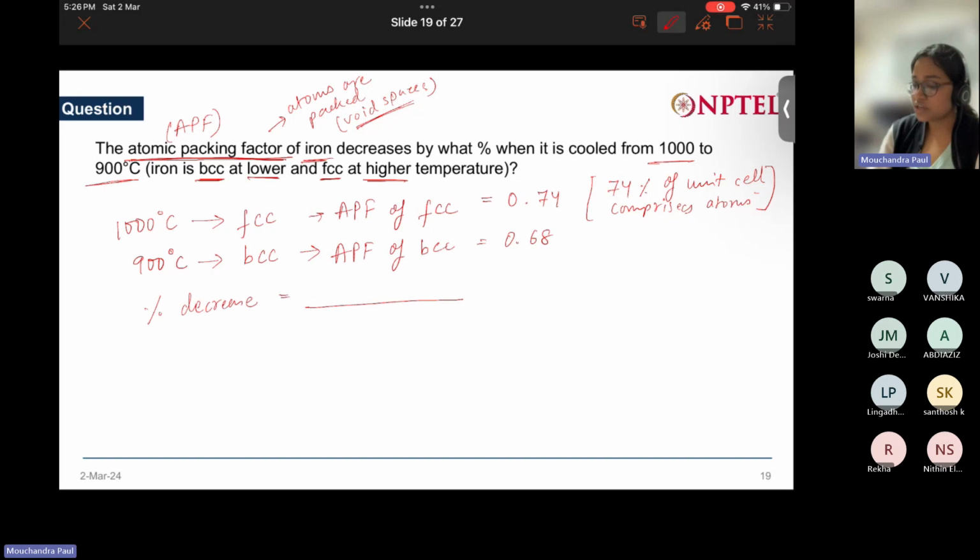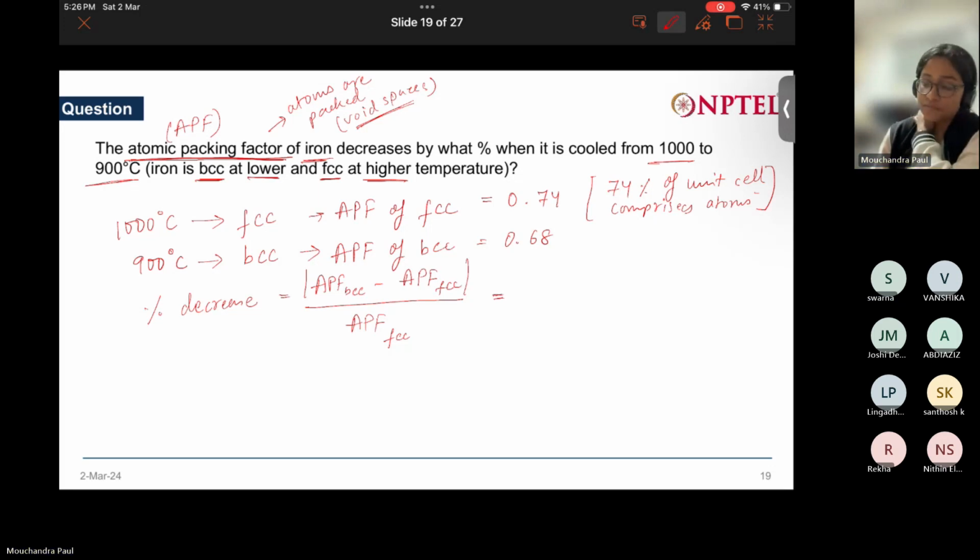Initially, you have to consider the atomic packing factor for FCC. Then finally you got a BCC structure, and you have to find the difference between these two values. Now take a modulus of it so that you get a positive number, because percentage cannot be negative.